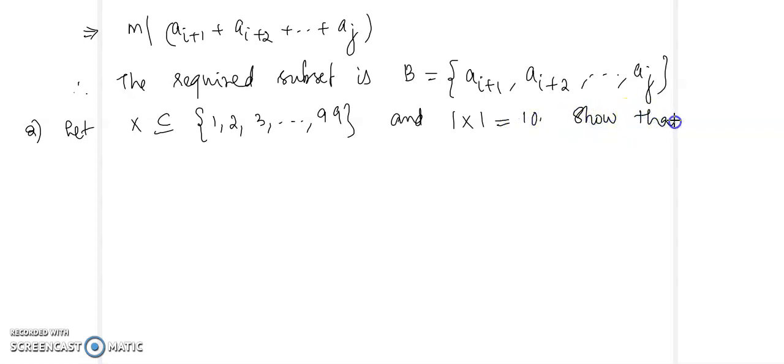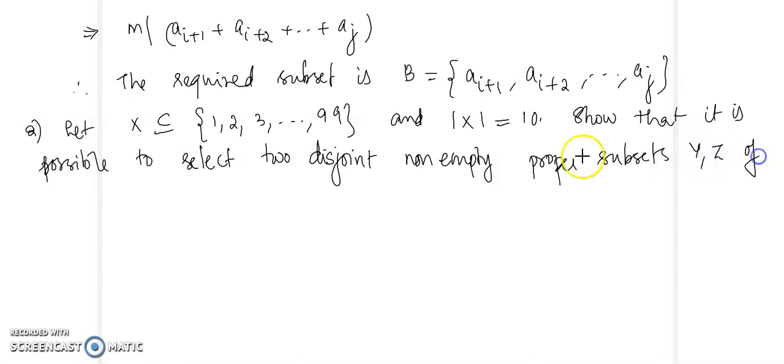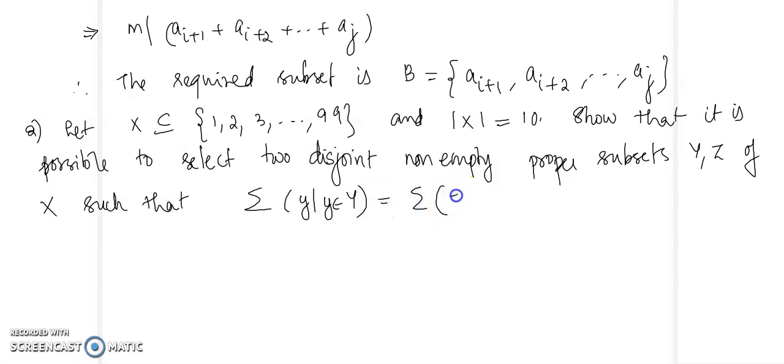Then we need to show that it is possible to select two disjoint, non-empty, proper subsets Y and Z of X such that the summation of y, where y belongs to Y, is equal to the summation of z, where z belongs to Z.